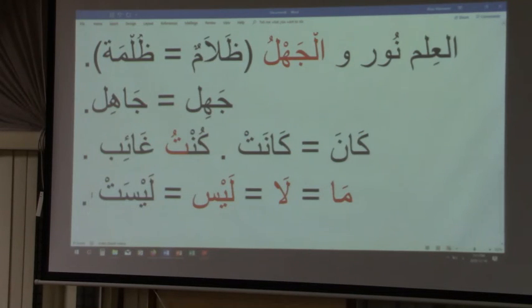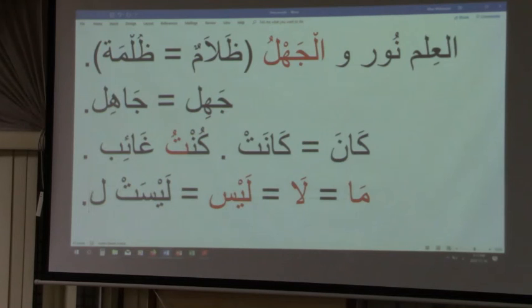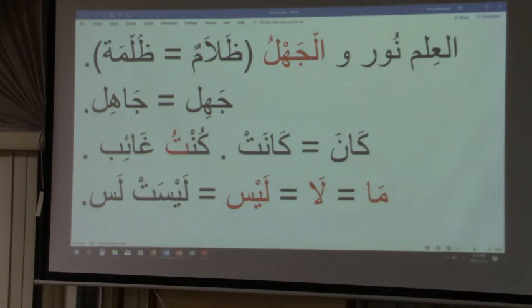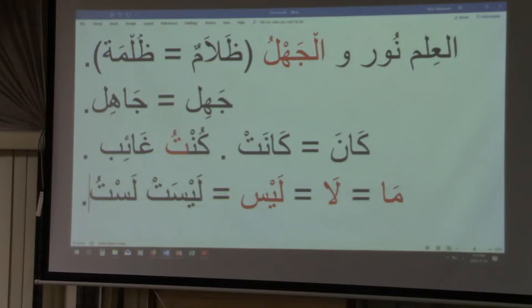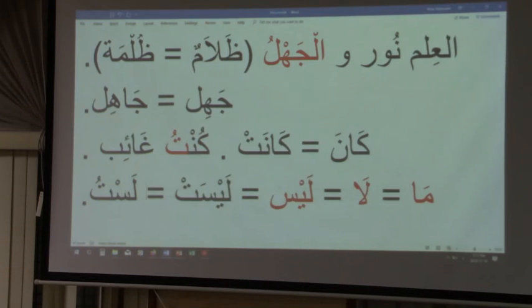Same thing when we come to laysa, it becomes lastu. To make it easier for you, inshallah: kana was, kanat was. The difference is kana he, kanat she. Kuntu, I was.